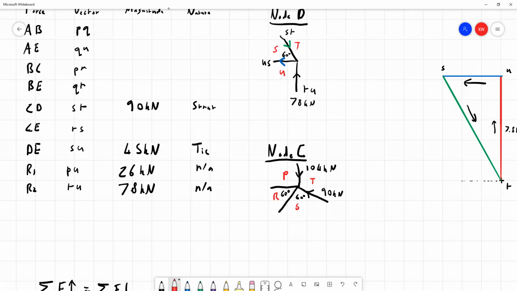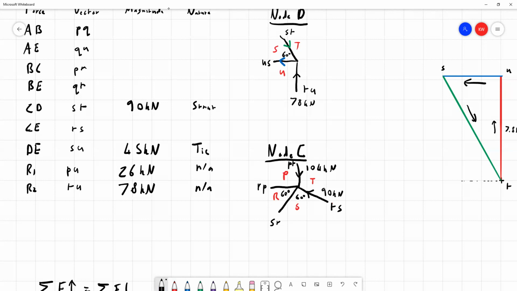You'll see it when you come to the diagram, but we want to start ourselves off the way we mean to continue by calling this TS here. So we can work our way around, and so we're going to call this one SR, we're going to have RP, and lastly up here we'll have PT.